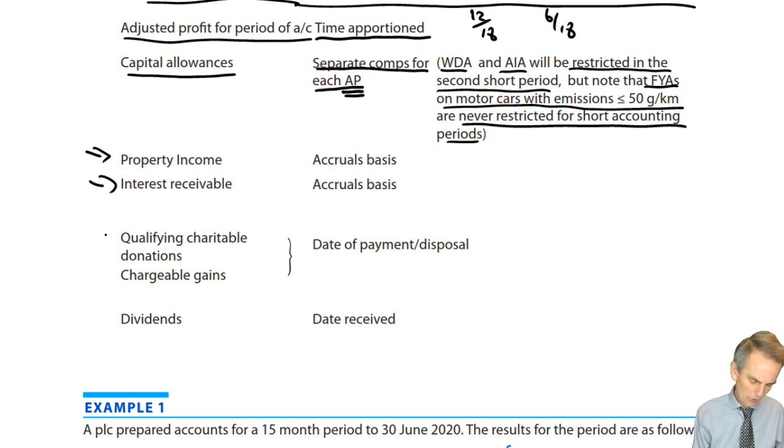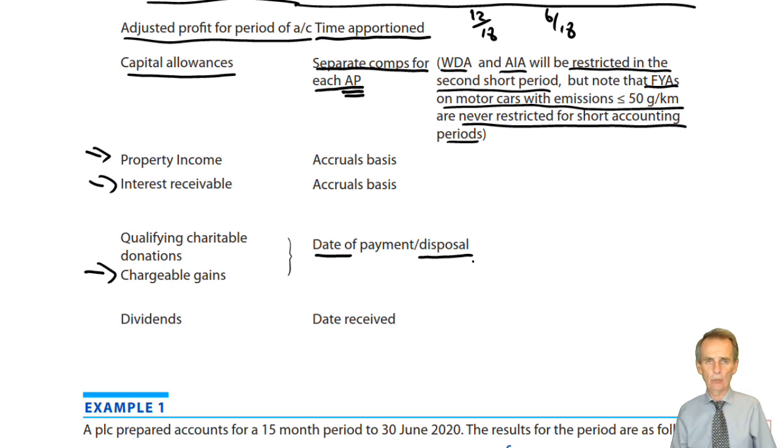Of course, when it comes to having got at that point all of your sources of taxable income, we also have chargeable gains to include. Now, there we will be given dates of disposal, and you're going to allocate those gains based on the date of disposal. So which assets, if any, were disposed of in the 12-month period?